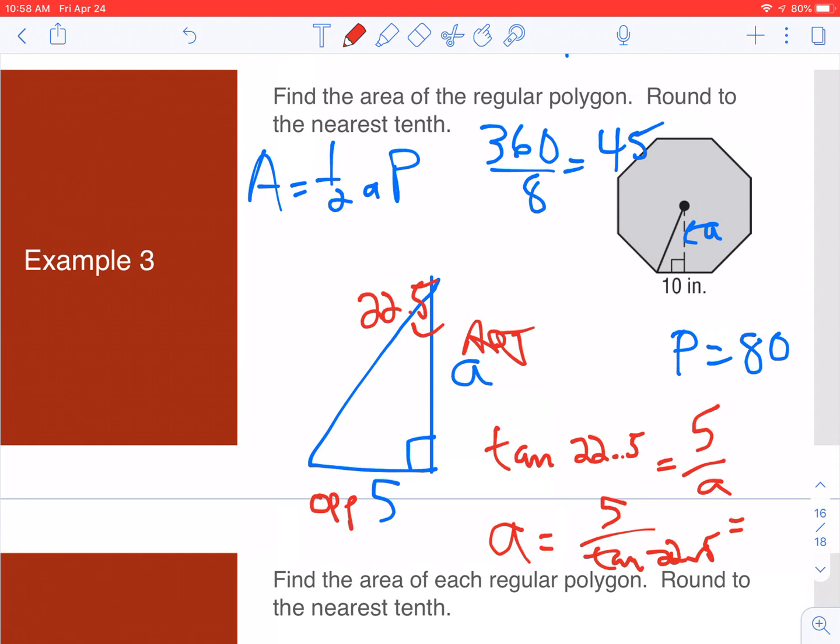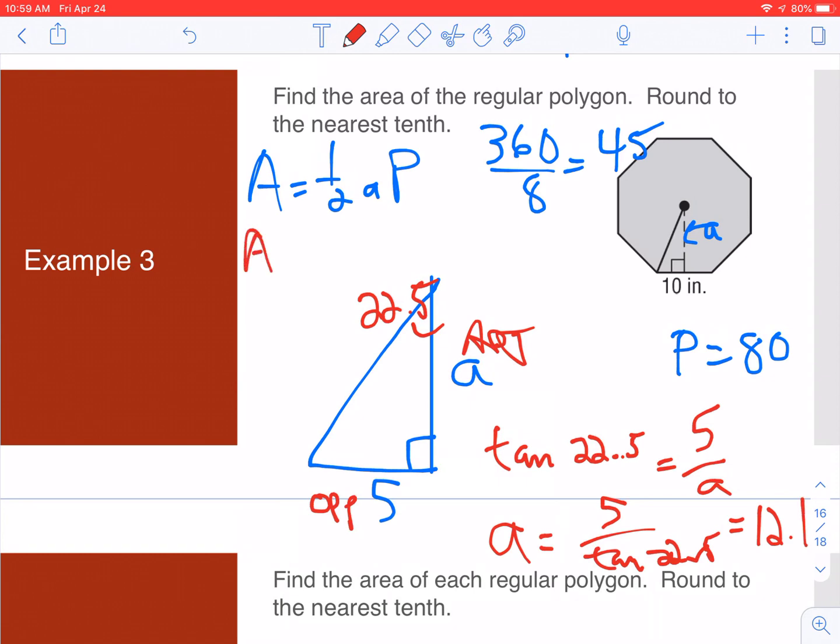So I'm going to type it into my calculator. 5 divided by tangent of 22.5. Nearest tenth is 12.1.